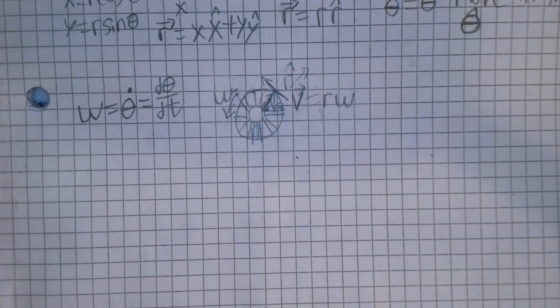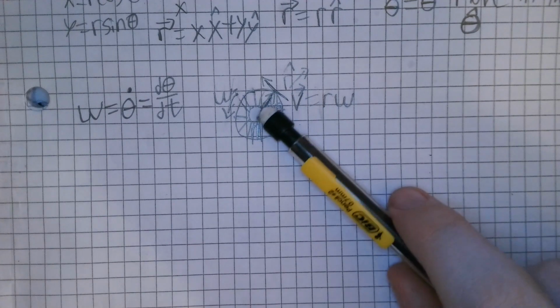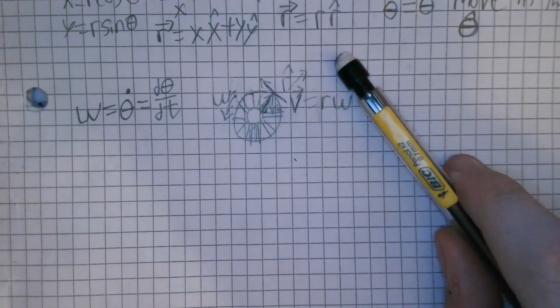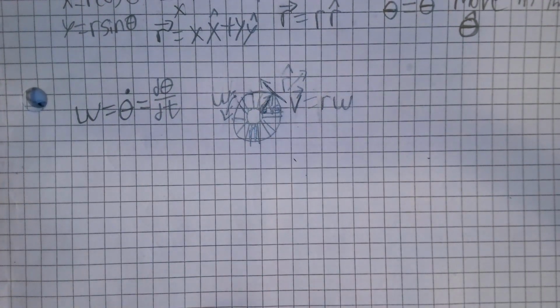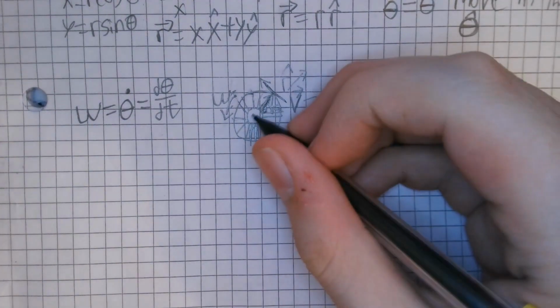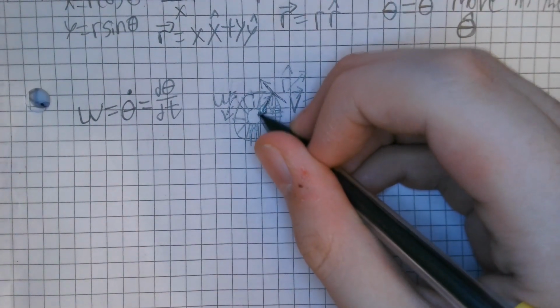Okay? And here, r is going to be the distance of the speed from the origin, which, we can really call it really right about there, because that's the starting point.